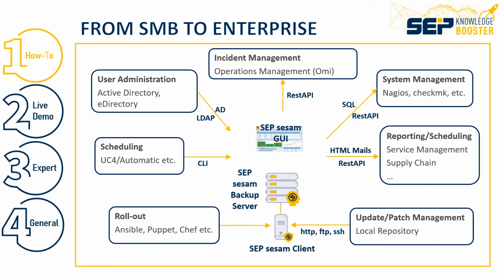If something goes wrong with a backup task, then via the REST API, the information will come to the incident management, OMI from Micro Focus, for example, and this can trigger some sort of task to report and resolve the backup problem. You have system management tools, reporting tools, and last but not least, the update and patch management.